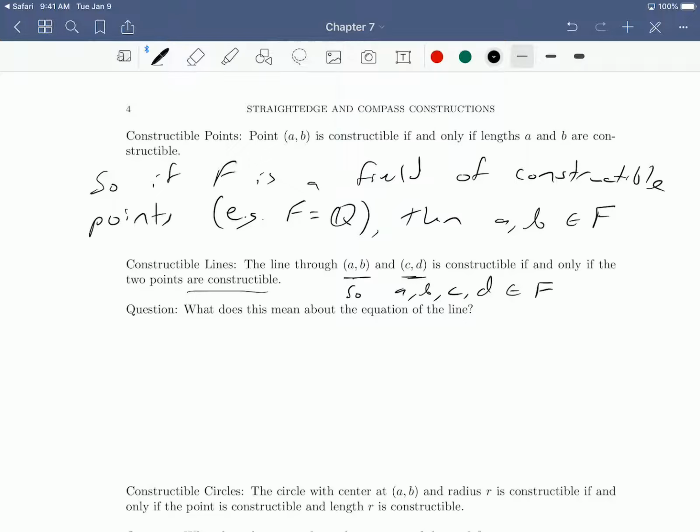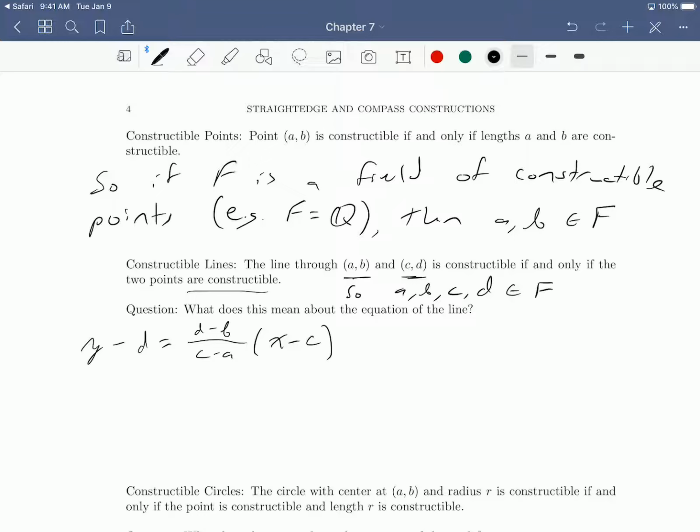So what does this mean about the equation of the line? The line through (a, b) and (c, d), using point-slope form, is y minus d equals the slope, (d minus b) over (c minus a), times (x minus c). That's the equation of the line through those points.